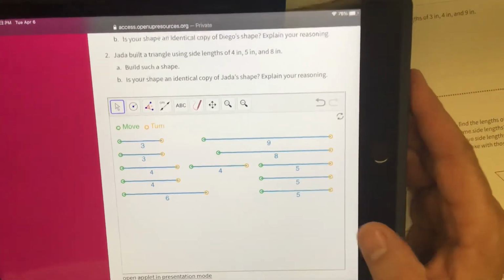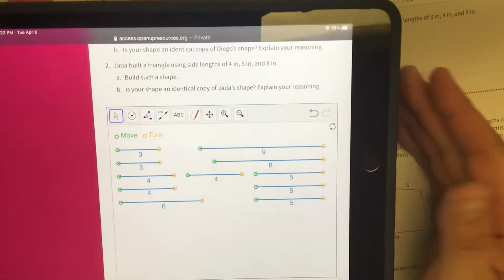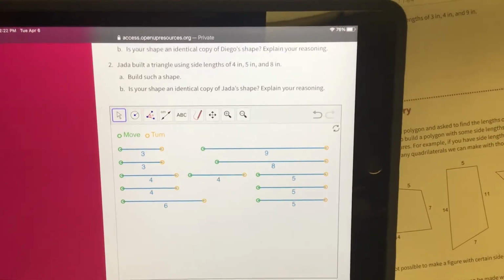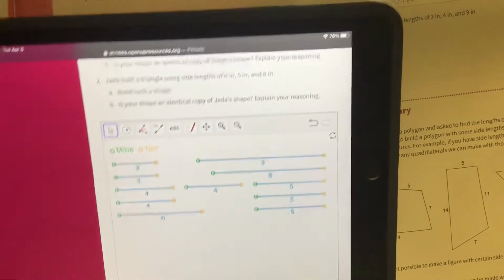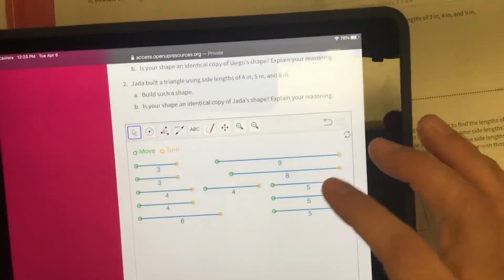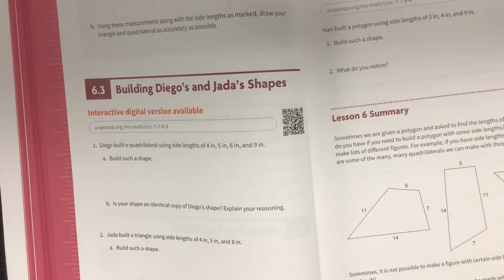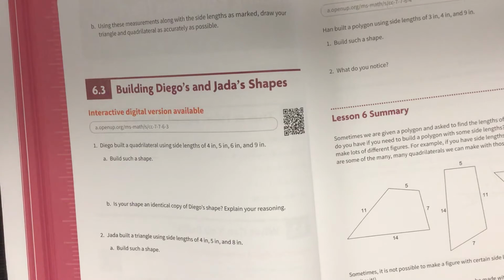Build such a shape. All right, so quadrilateral means it's 4 sides, right? Basically, we want to know if we can only make one object with it or not. So use the 4, 5, 6, and 9. See what kind of shape you can make.